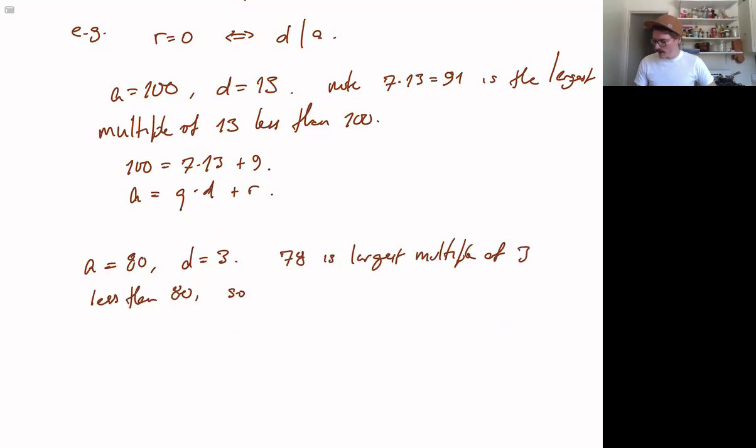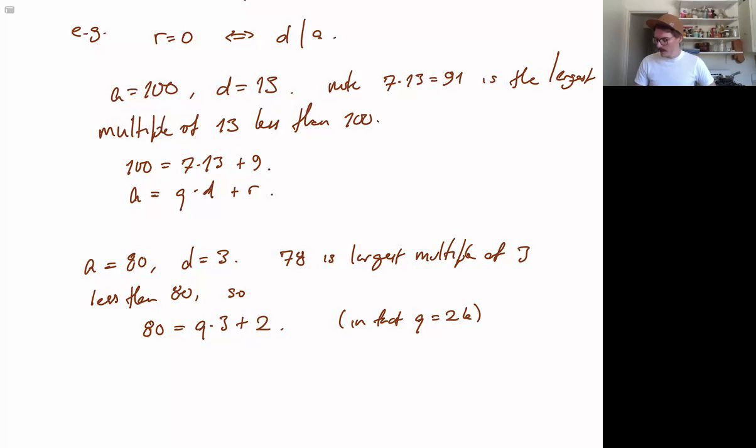So we can write 80 equals q times 3 plus, what is the difference here? 2. And if we're curious to figure out what q is, I think q turns out to be 26, if my arithmetic is correct.